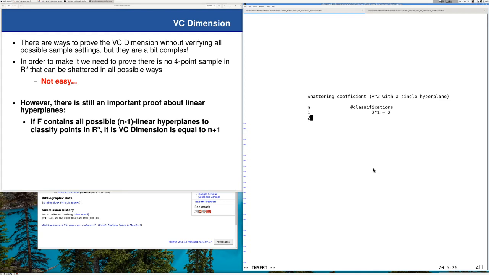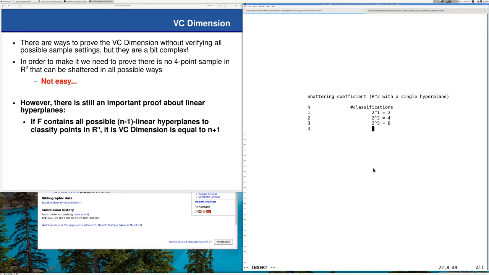If my sample size is 2, I can build 4 classifications. If my sample size is 3, as you have seen, I can come up with 8 different classifications.